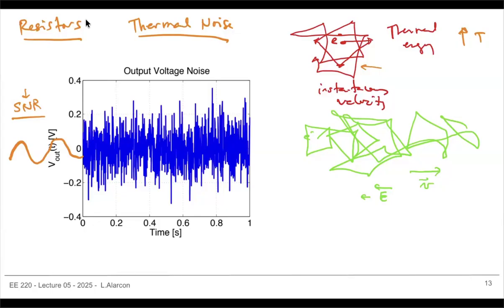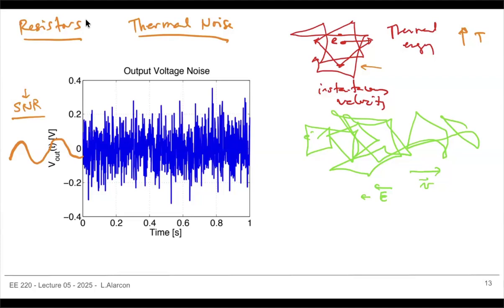So let's start with the resistor, and then let's go through our devices like diodes and transistors, and we'll make the case that ideal inductors and capacitors should not generate noise. And we'll talk about that.